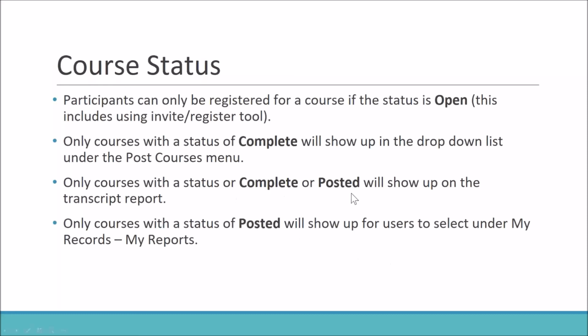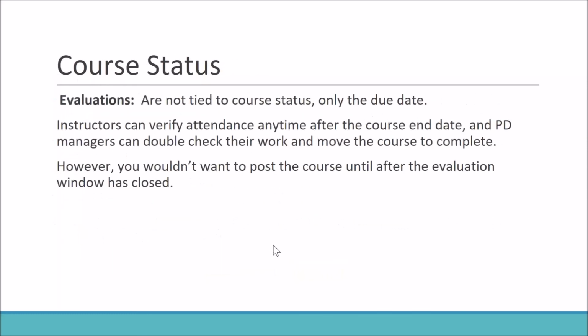Courses with the status of complete and post will show up for your transcript, and courses with the status of posted will only show up for courses to select under records by reports. So there are different statuses of the course depending on which report people want to run.